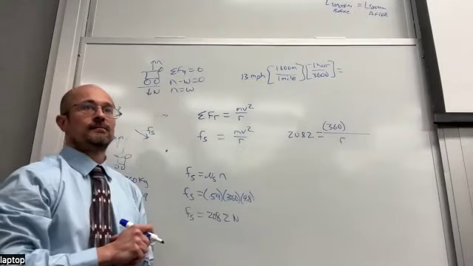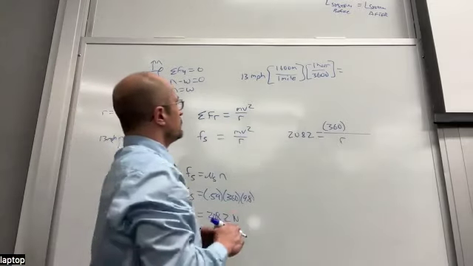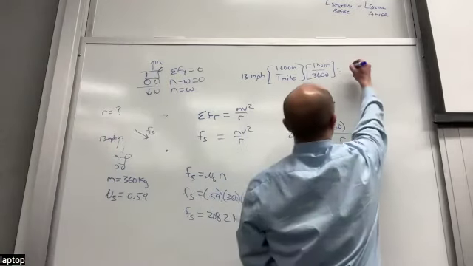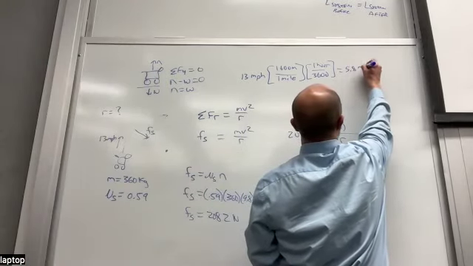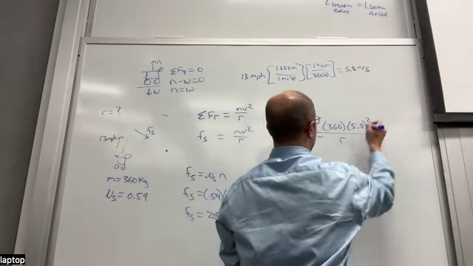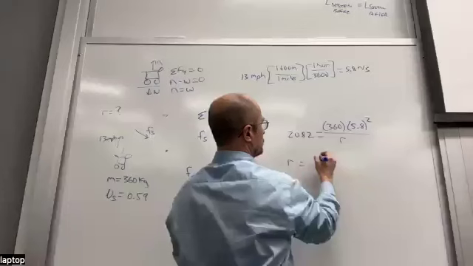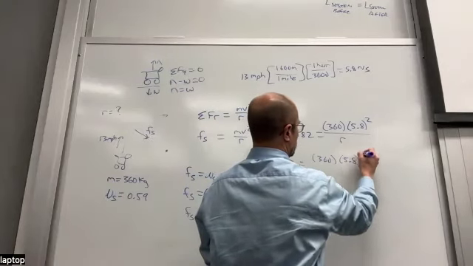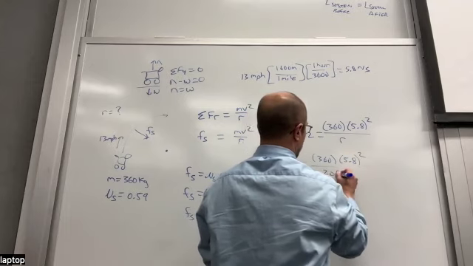So 4 nines of 13 is 5.8. And so we put in our 5.8 squared, and r then is 360 over 5.8 squared divided by 2082.